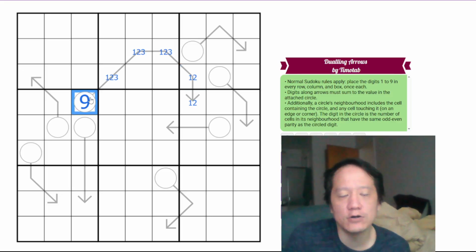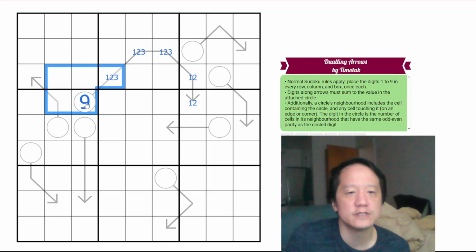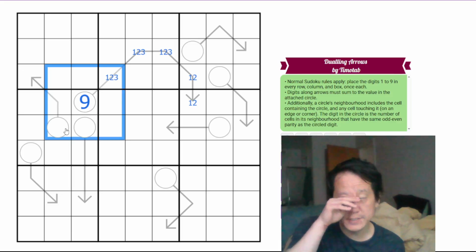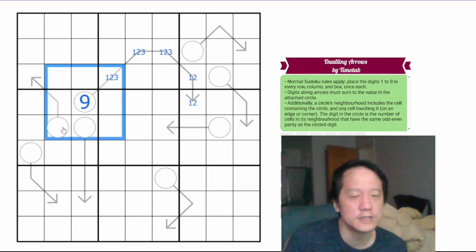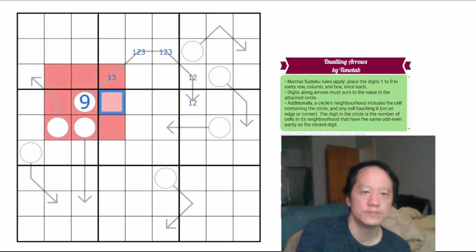Now this 9 also doubles as, again, every digit that's touching it is in the neighborhood. And since this is 9, this says all 9 of the surrounding cells must have the same parity. So they're all odd. So this cannot be 2.